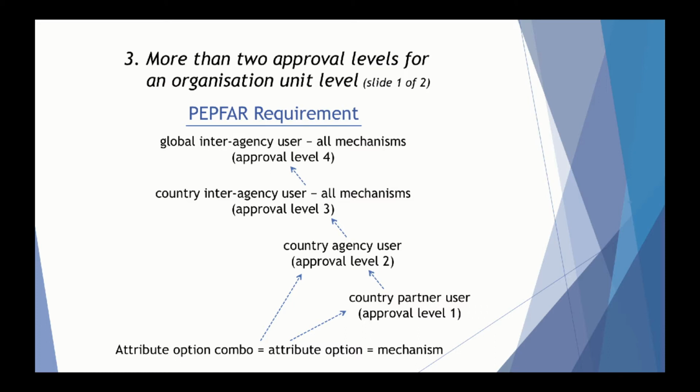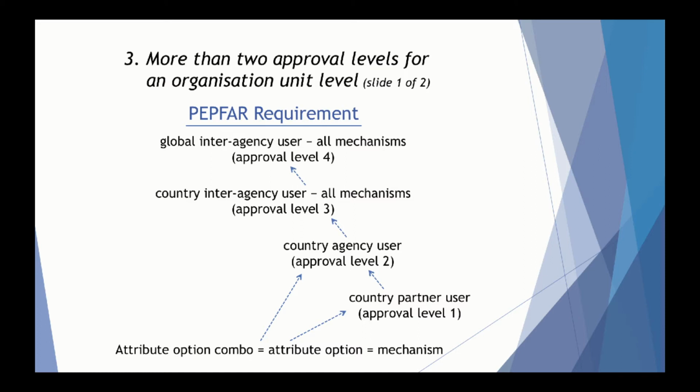So this again will be another user who is assigned to the Tanzania org unit, who is responsible for all the USAID projects or all the Peace Corps projects or all the Department of Defense, even in the US government, oversees the deployment of the country military partners. So we want the country agency user to approve it at the same country level.